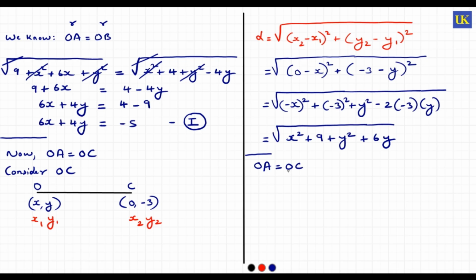Now, guys, we will say that OA should also be equal to OC, because again OC is also a radius and OA is also a radius, right? So OA is equal to OC is what we will do, and so I will write the values of OA and OC now.